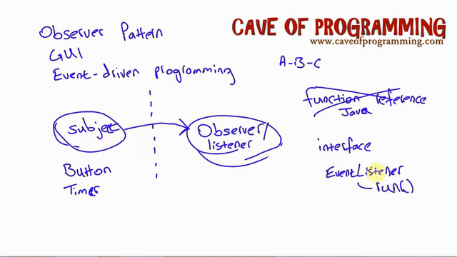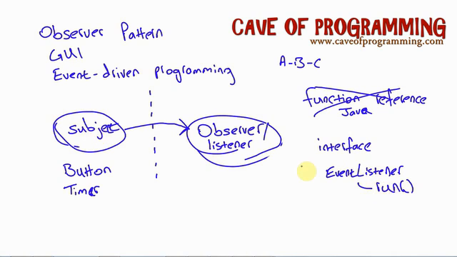I know that it must have a run method, because in this example, which I've just made up, the whole point of event listener is to say that the implementing class has a run method. So the subject can then say, okay, when something happens, when I'm clicked or whatever, I will invoke the code in the run method and I will run it. And that's how this basically works.